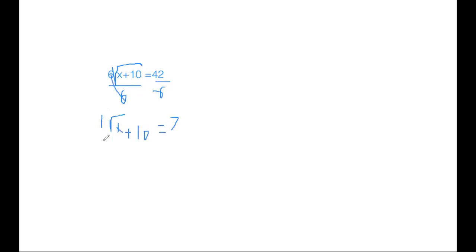So I will raise both sides by the index, which is 2. So it will be here x plus 10 is equal to 49. So x is equal to 39.